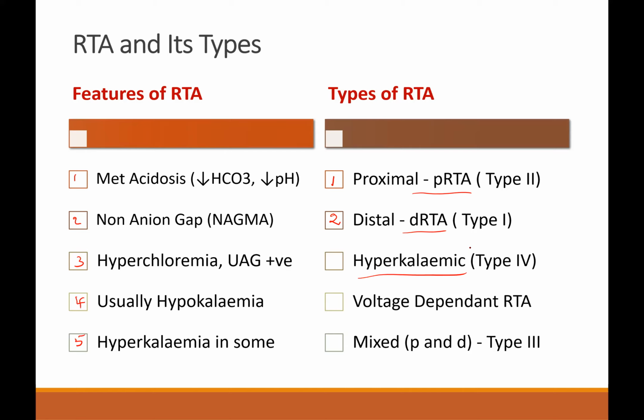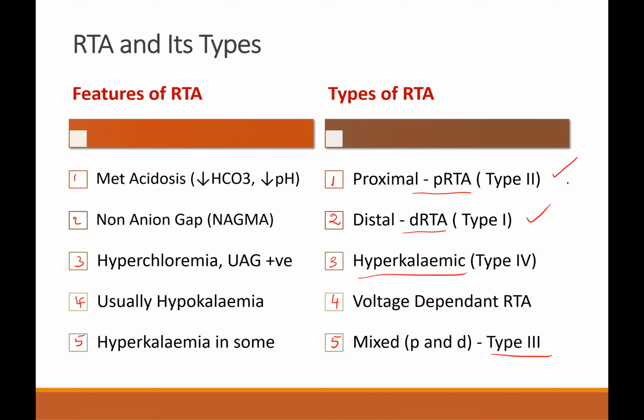Just to give you an idea, I have typed here: proximal PRTA or distal DRTA, hyperkalemic RTA, voltage dependent RTA, and a mixed form, earlier called type 3. That classification is no longer used, but remember when the features of both P and D are there, it is a mixed type.